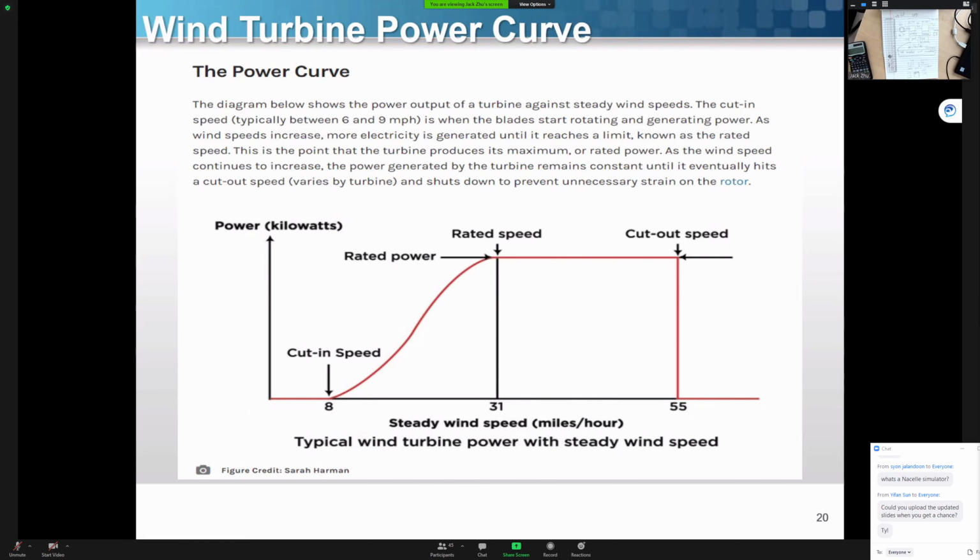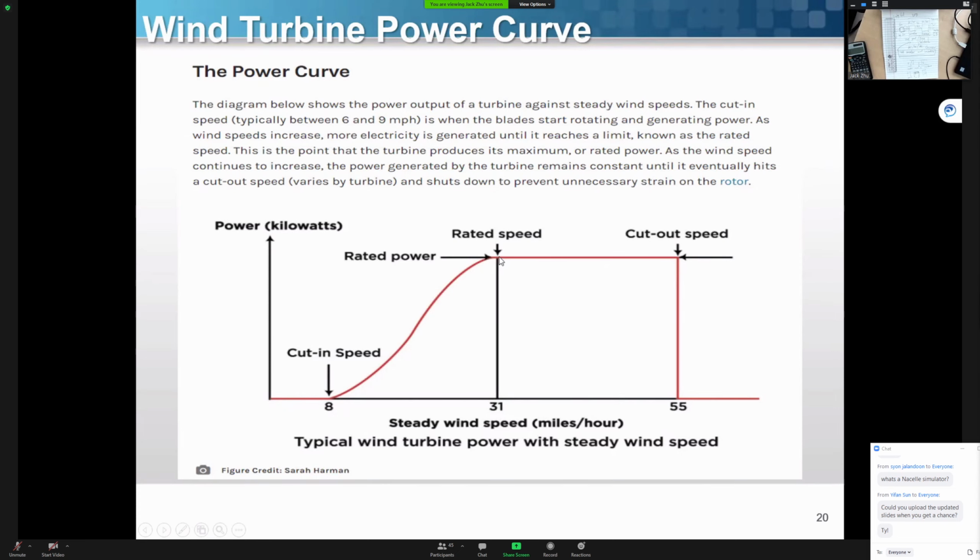But once the wind speed goes over 8 miles per hour, that one is called the cut-in speed. So now you can let the blade move and start generating some power. They have a rated speed and a rated power. This one is rated at 31 miles per hour.